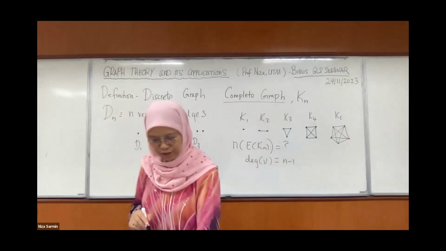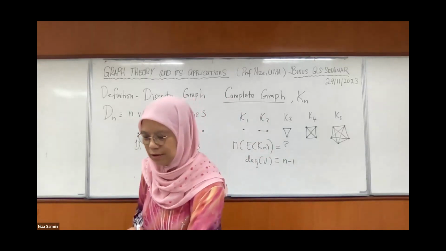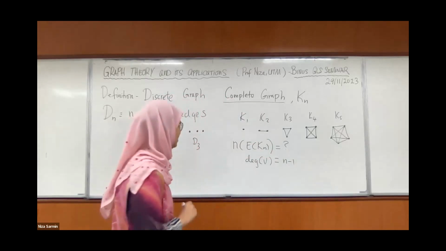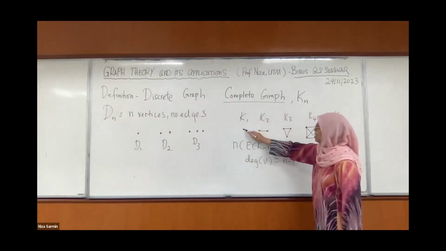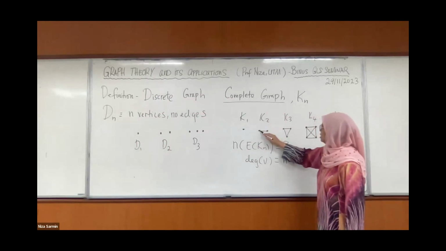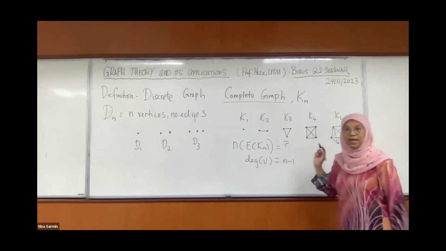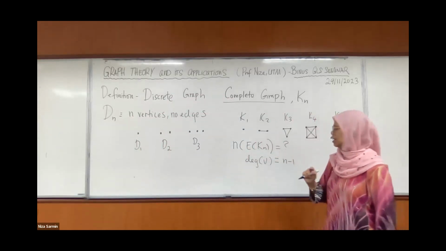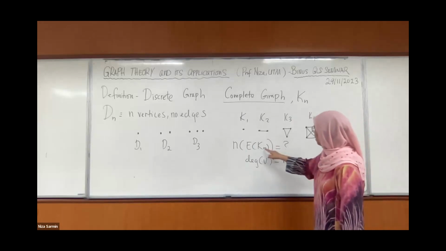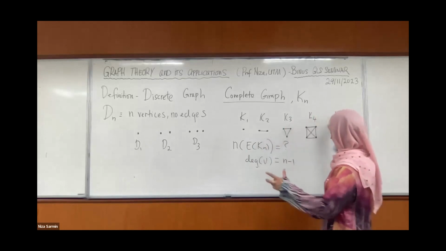You see, the degree here is 0, here is 1, here is 2, 3, and 4. But that is the degree. What about the number of edges? Can you decide the number of edges for Kn, for all n?